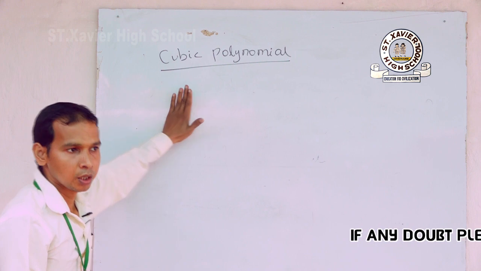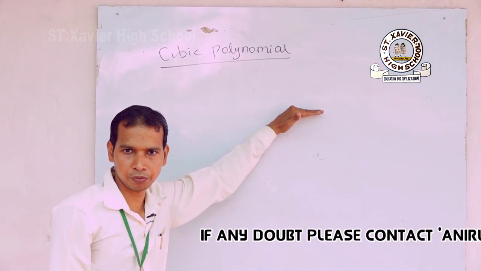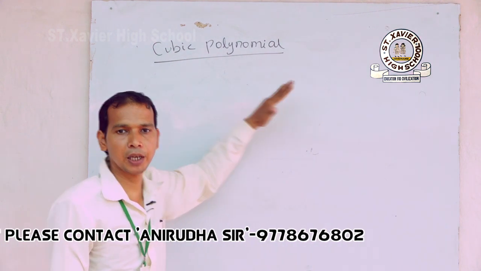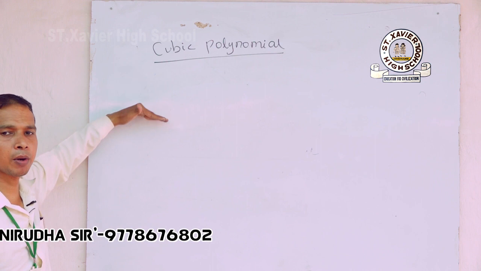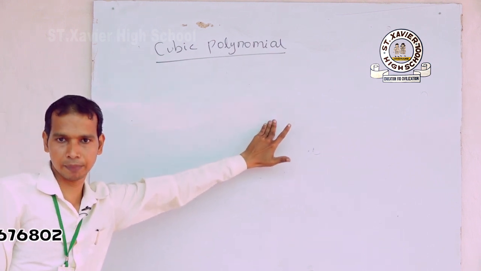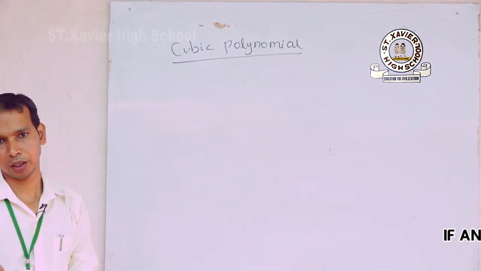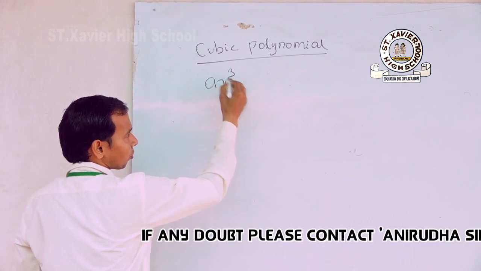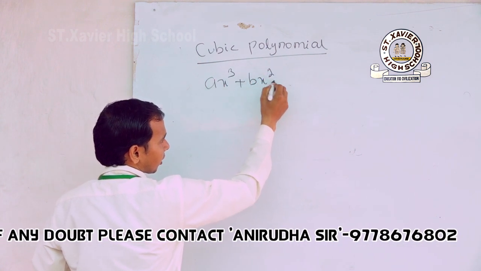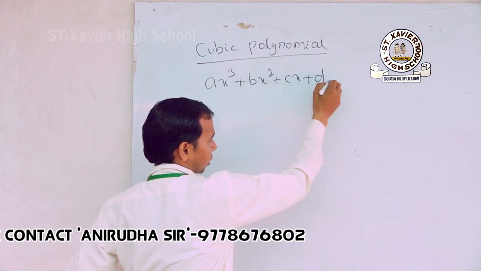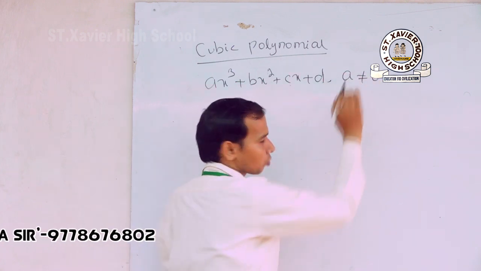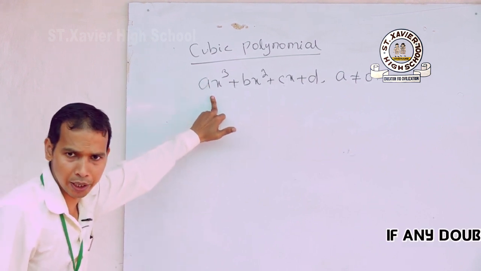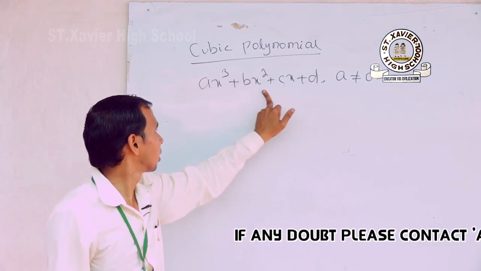Cubic polynomial. The polynomial in which the maximum power of the variable is 3 is called a cubic polynomial. The standard form of a cubic polynomial is ax cube plus bx square plus cx plus d, where a not equal to 0.